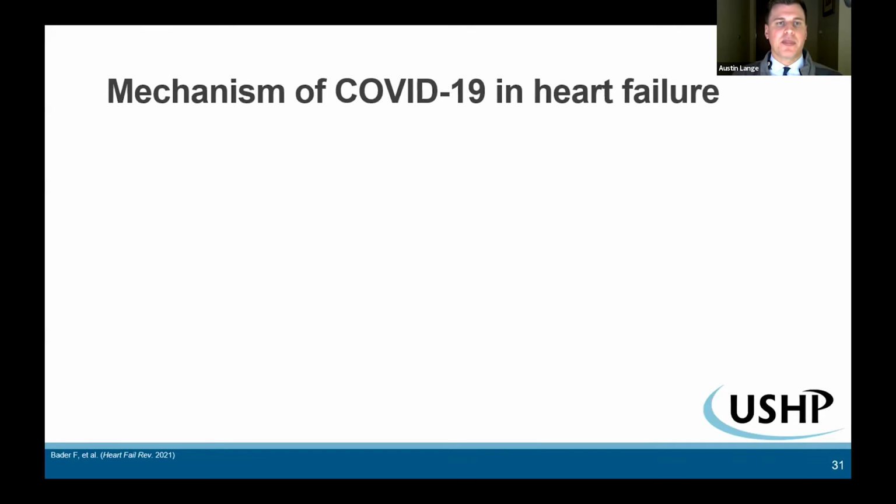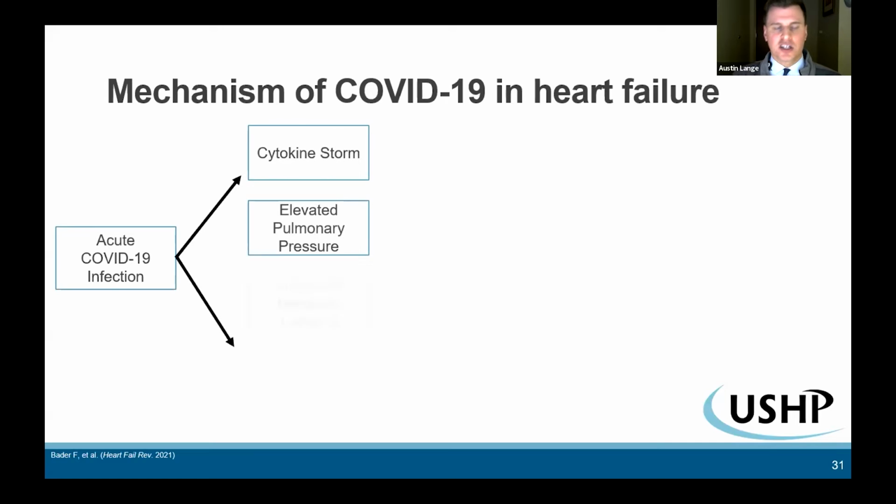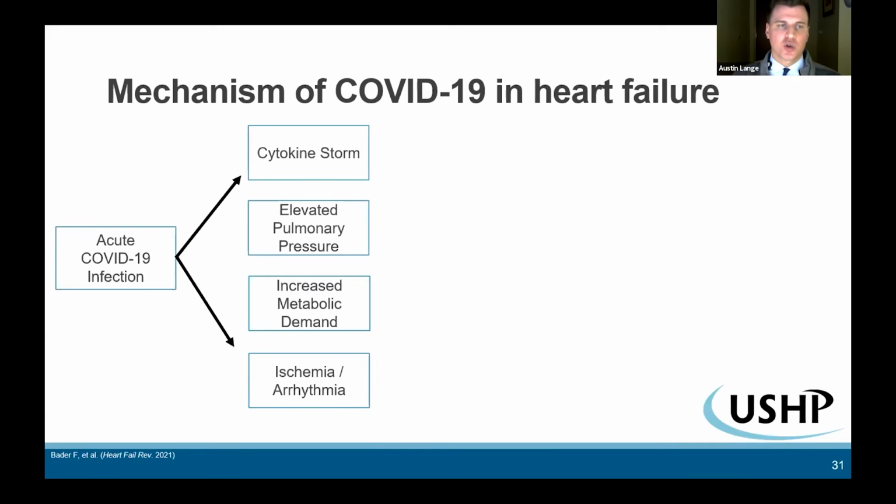So as far as the mechanism of COVID-19 in heart failure, we talked about it a little bit before with that one image, but on a smaller scale, we have the cytokine storm, which creates an inflammatory response, as well as elevated pulmonary pressure because of the hypoxia going on, and in some cases a pulmonary embolism that might be causing that, as well as increased metabolic demand as the body itself is fighting the infection.